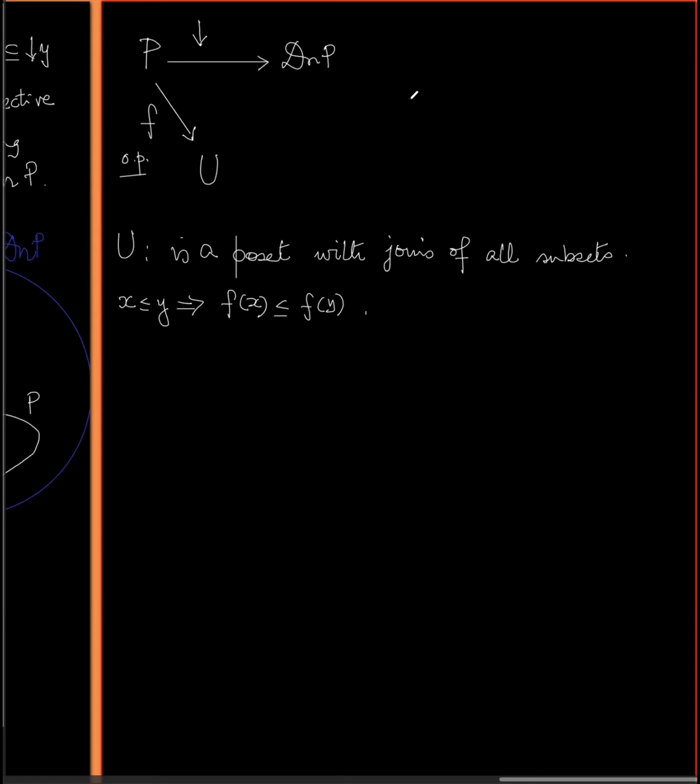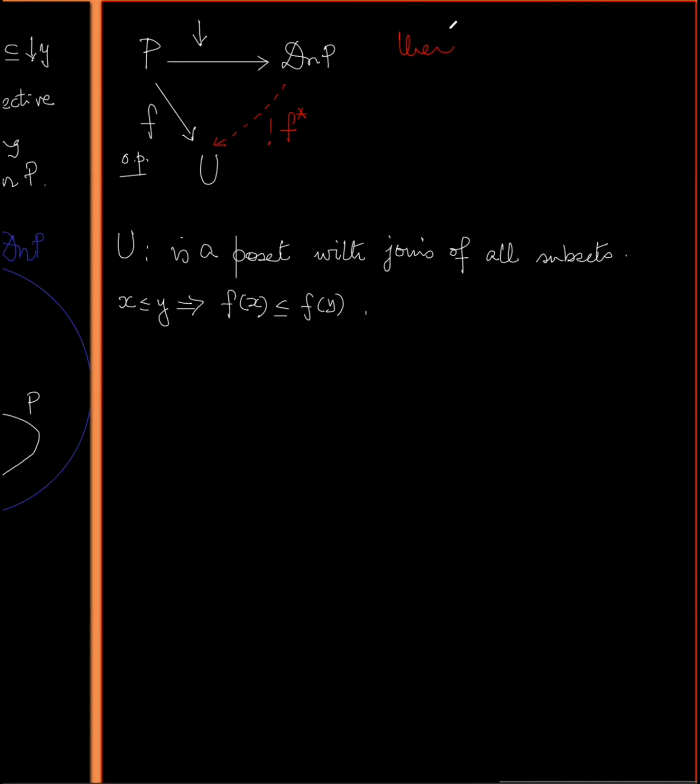Well, if this is the scenario, then there exists a unique order preserving map F star which extends this.